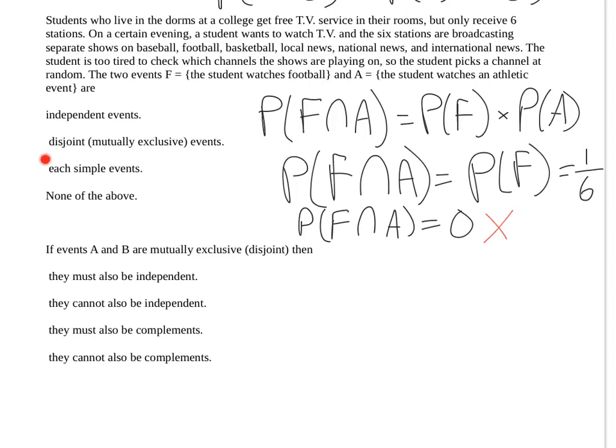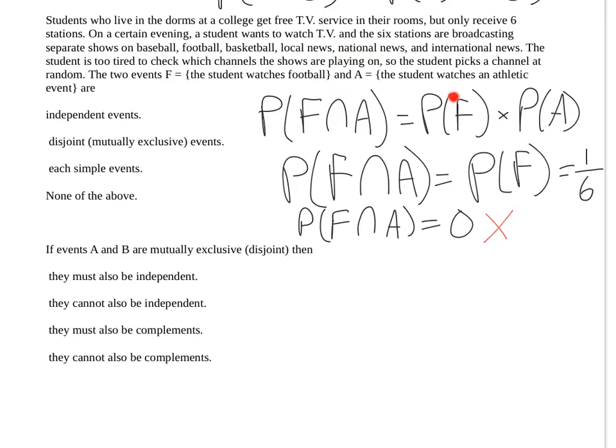Alright, and then this one really confuses people. They're each simple events. And the best way I can think of to explain this is that there are no subgroups within each of these events. Right? So, football, a student watching football, that is a simple event because there's no subgroup within it.